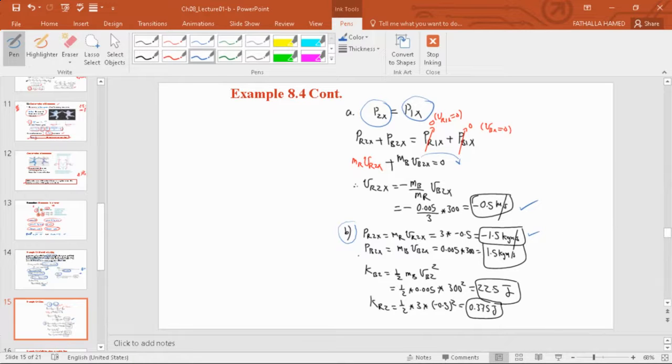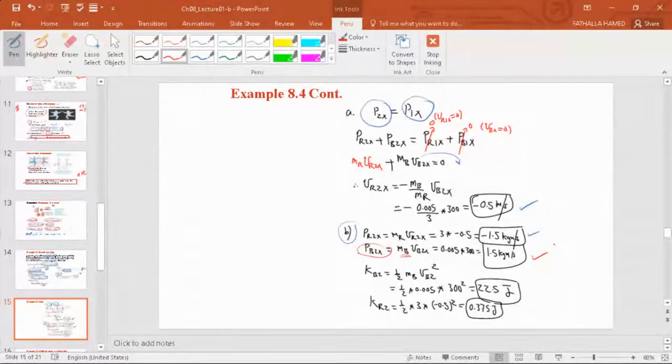Now, if you look at the momentum of the bullet, this will be the mass of the bullet, 0.005, because you have to convert it into kilograms, times VB2x, which is 300, and it gives you 1.5 kilogram meters per second. So the magnitudes of these two momenta are the same.